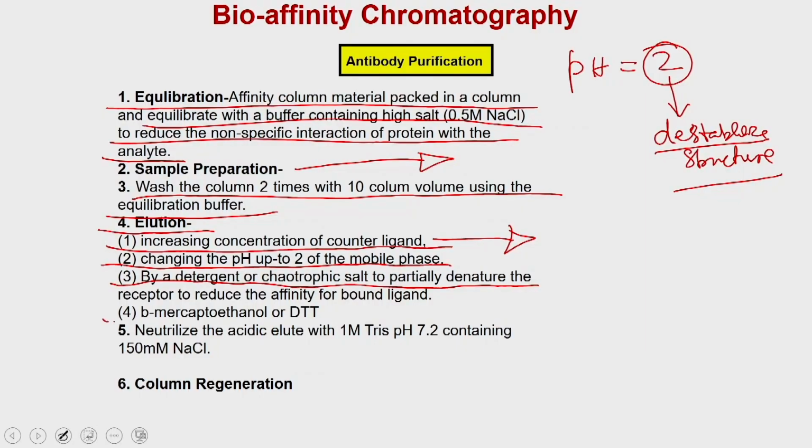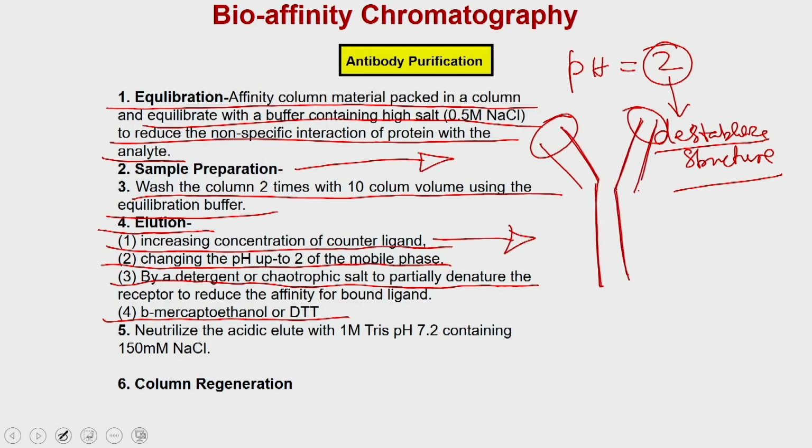Now, the fourth is that you can use beta mercaptoethanol or DTT. You know that the general structure of an antibody is something like this, where this is the antigen binding region, this is the heavy chain, and this is the light chain, and all these chains are attached to each other by disulfide linkages.